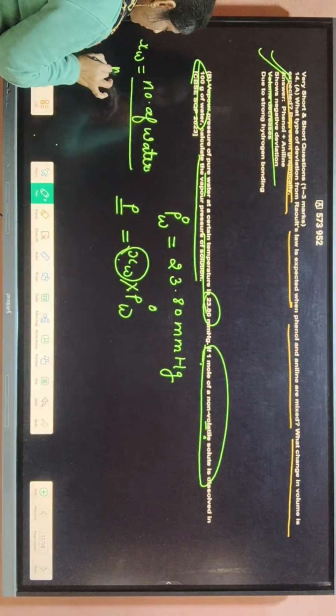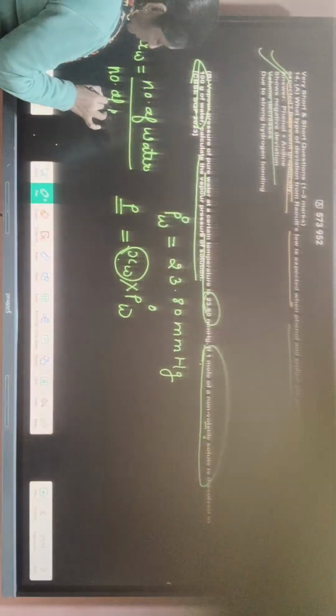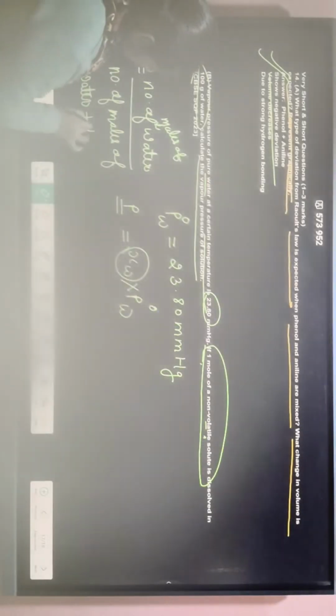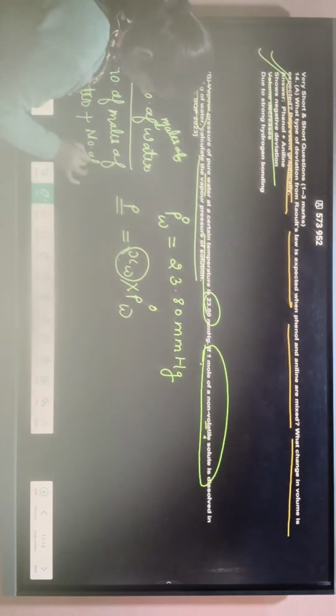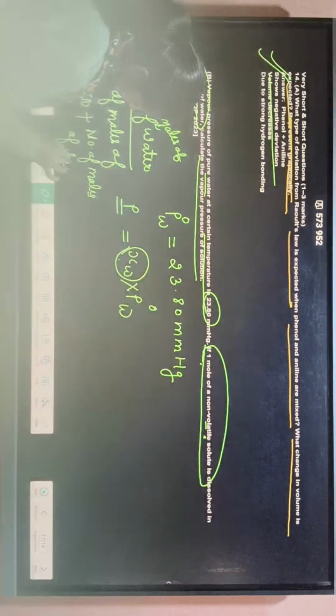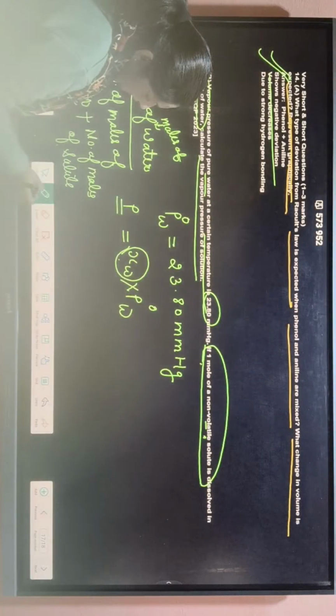Total number of moles means number of moles of water plus number of moles of solute. In this way you will calculate.